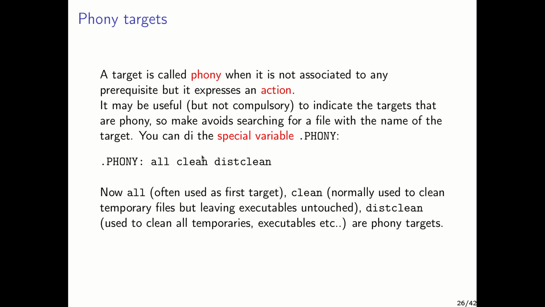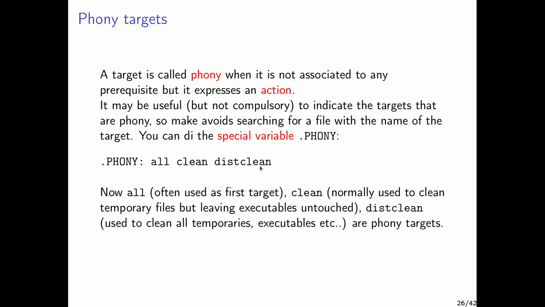So if you're using clean as a phony target, it is better to tell make that it is a phony target with this instruction. The reason is, just for safety, because if it happens that in your directory you have a file that is called all or that is called clean, then make will get a little bit confused.